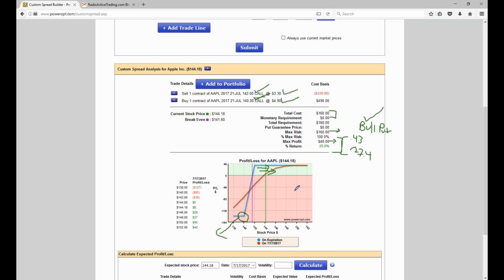Same expiration cycle. Now, when we start with the calls, this bull call debit, we are in the money. Our 142 call is in the money. Our 140 call is in the money as well. What does that mean? Well, it means we have a good probability of the stock staying above the strike price we sold to receive the maximum profit at expiration in 14 days. What it also means is that we can be assigned at any time.